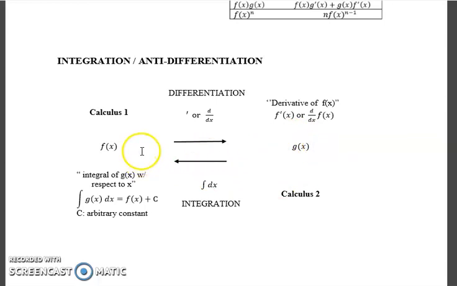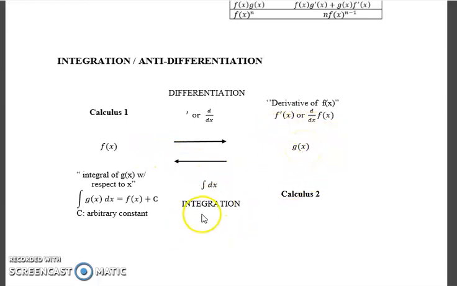When a constant is added to f of x, its derivative is still g of x because the derivative of a constant is 0. So when an arbitrary constant is added to f of x, then this represents the set of all functions whose derivative is g of x.